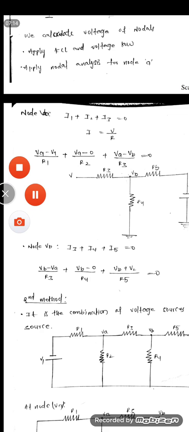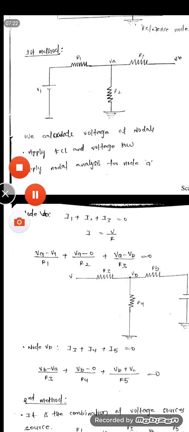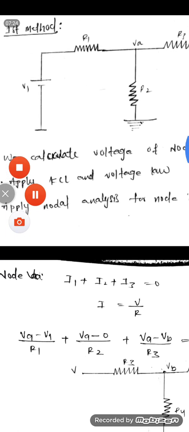What is I1 here? VA minus V1 by R1 is I1, and it is away from the node. Next, VA minus 0 by R2, since the reference node is assumed as ground, so that voltage is always 0.